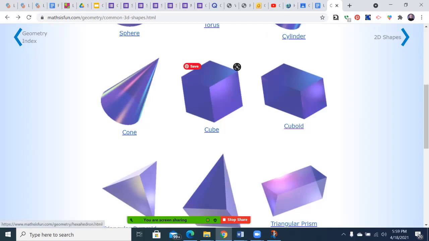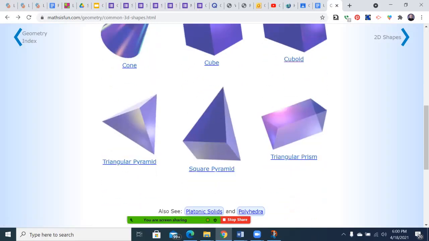If I stretch this cube out to make 4 of the sides a rectangle, that's what we call a rectangular prism. They're using the term cuboid here, but a rectangular prism is generally what we will use. You'll notice there's a square on the end and 4 rectangles that are all congruent going around the edge. You might picture a Kleenex box as a rectangular prism.